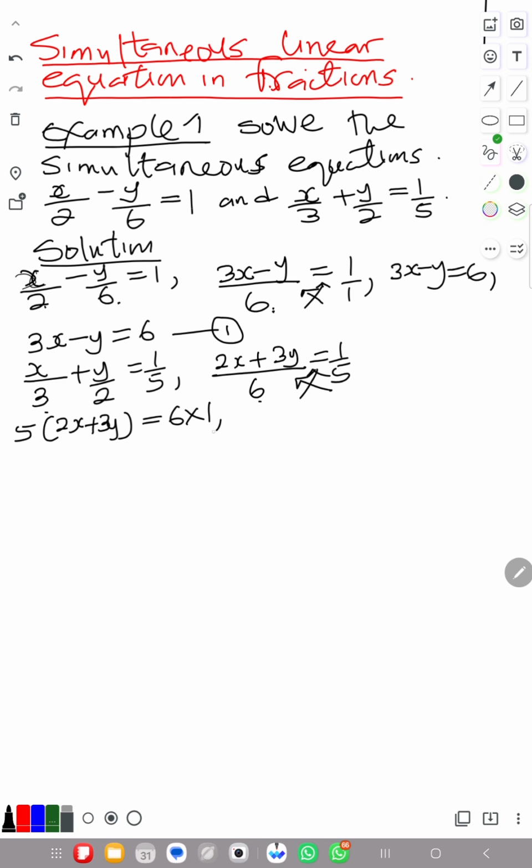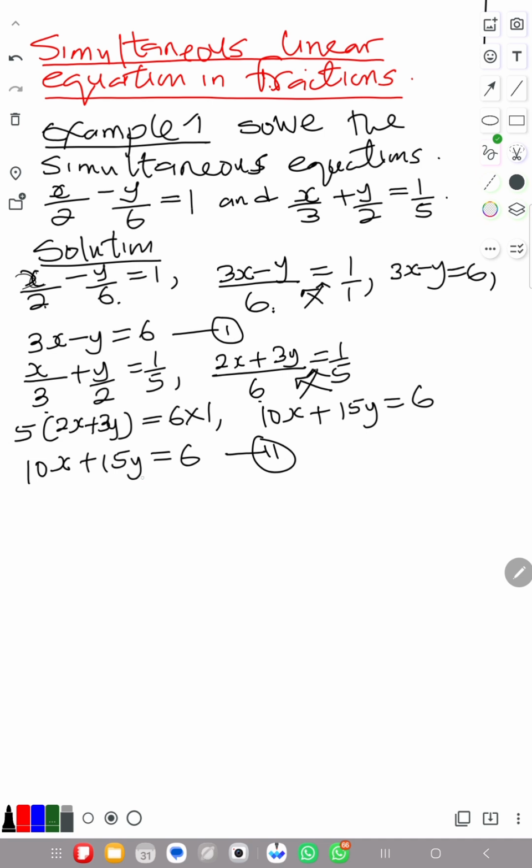If we open this bracket up, I will have 10x plus 5 times plus 3y, that is plus 15y, which is equal to 6 times 1, that is 6. So I have my equation 2 there: 10x plus 15y is equal to 6. Are you with me?